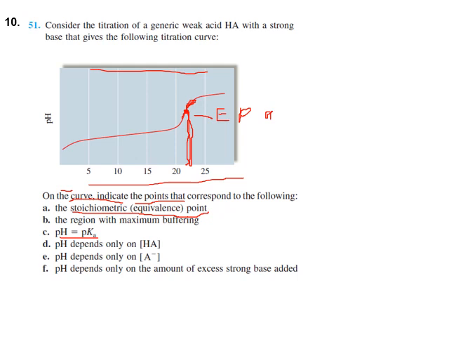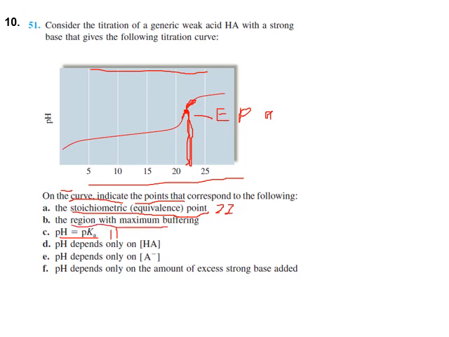So what would half of 22 be? Well, it would be 11 milliliters, so let's type in 11 here. So halfway to the equivalence point is going to be at 11, and the equivalence point is at about 22. What about the region with maximum buffering?